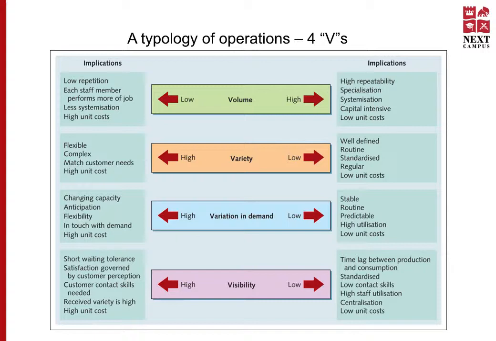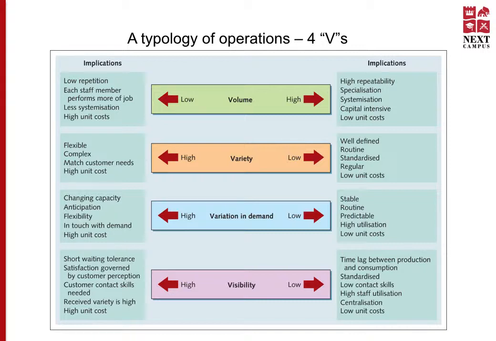If the product is of low variety, then it will be well defined, routine, standardized, regular, and low unit cost. If the variation in demand is low, the product would be stable, routine, predictable. It'll have high utilization and low unit costs.